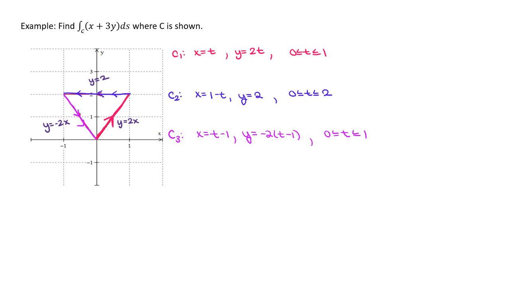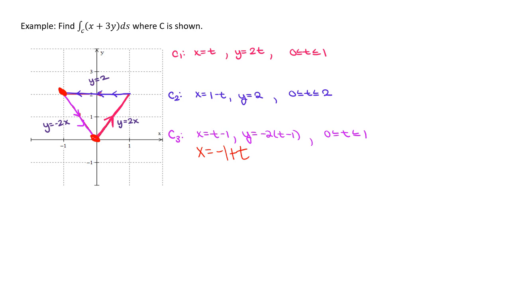And then for my third path, in purple, it is along the line y equals -2x. So my x values are going from -1 to 0. I decided to make x start at -1, and then they're getting bigger, so plus t.